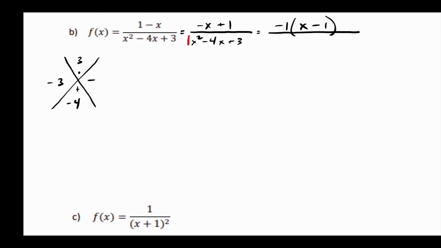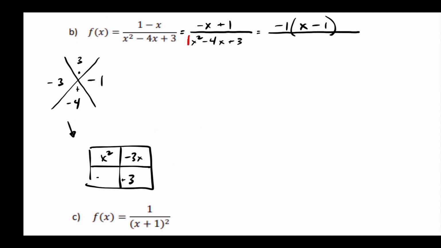-3, -1. And then 1x squared, positive 3, -3x, -1x.